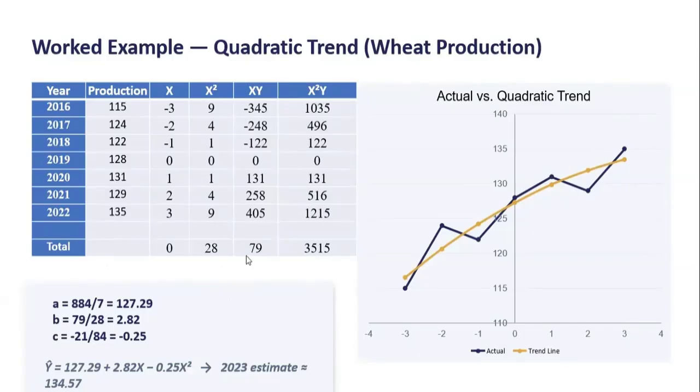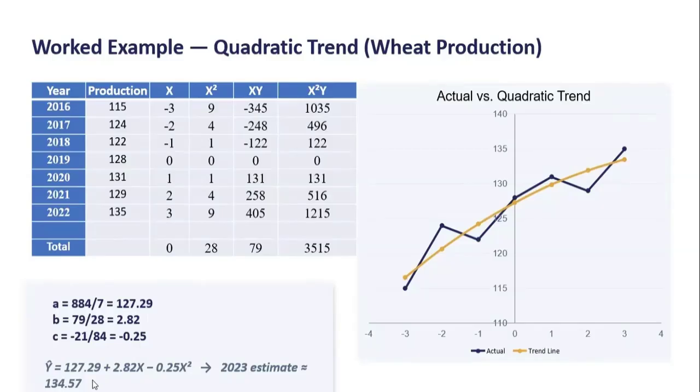And a quick shortcut: summation x raised to 4 is just the sum of x squared times x squared, giving us 196. When you plug those into the 3 normal equations and solve them simultaneously, you will get the answer: a as 127.29, b as 2.82, c as minus 0.25.